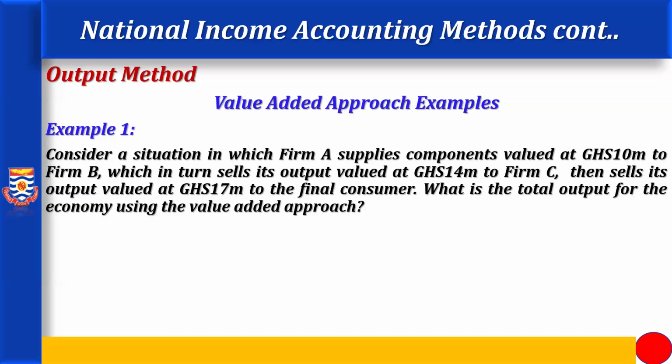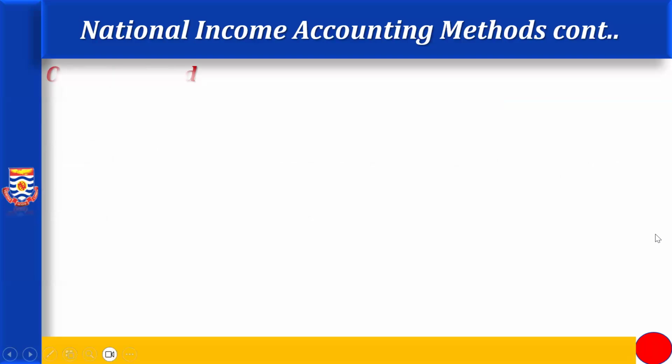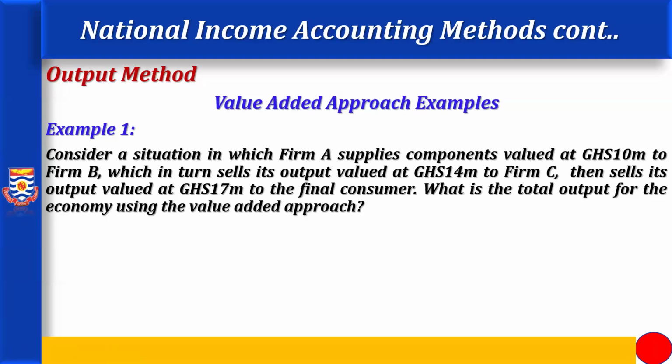So GDP would have been 17 million. But if I want to use the value added approach, I have to look at the value added at each stage of production. So for instance, I can look at value added by firm A. Firm A produced the component and sold it to firm B at 10 million.